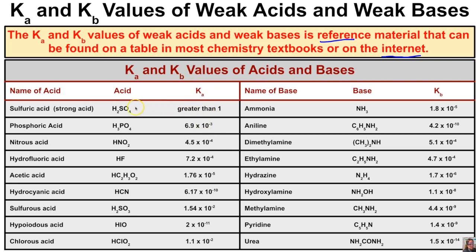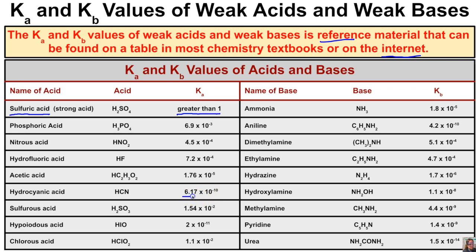And so if we're taking a look here at our acids on the left-hand side, we know that sulfuric acid is a strong acid. And so our Ka is going to be greater than 1. But if we're taking a look at some other Ka values, here you go. You see phosphoric acid is 6.9 times 10 to the negative third. Very small number. Hydrocyanic acid, 6.17 times 10 to the negative 10th.